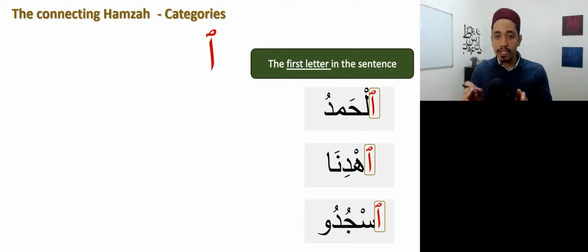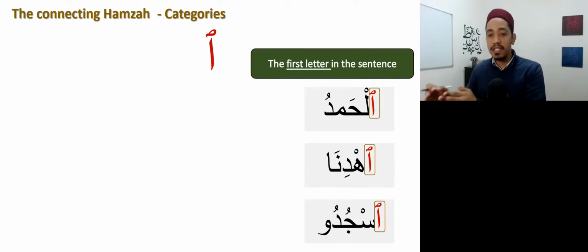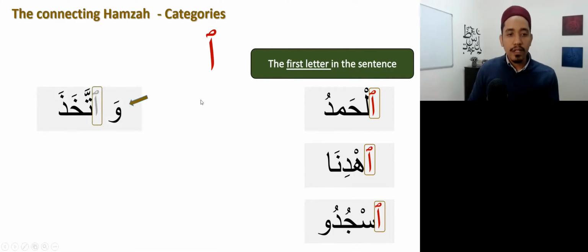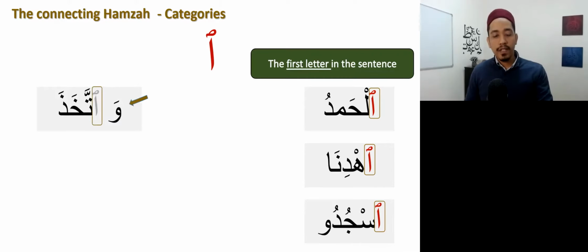When the connecting Hamza is the first letter in the sentence, that is one scenario, and it will have a certain application. Okay, let's move on to the second scenario. There are two. Let's have a look at this over here. You can see here the connecting Hamza, which I colored in gray, is not the first letter in the sentence.